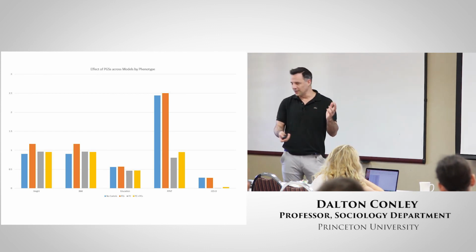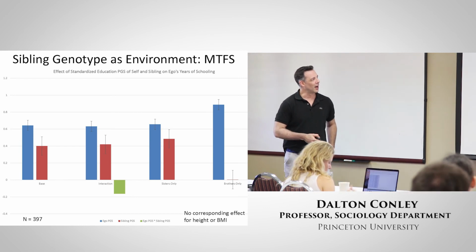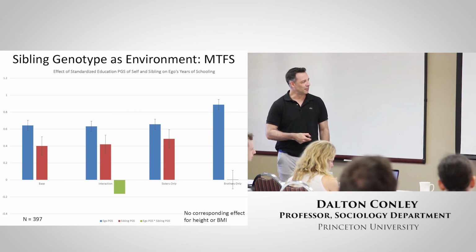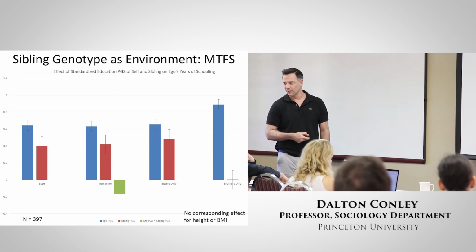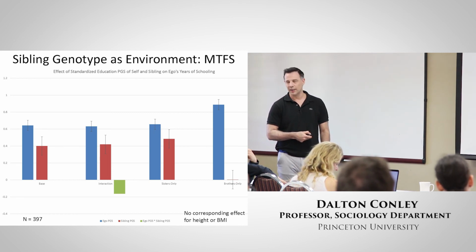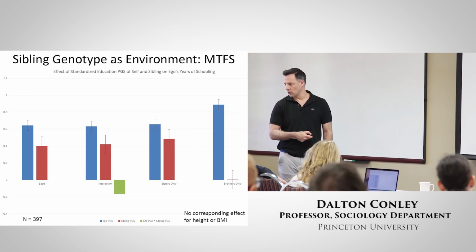So all these things become complicated when you want to think about it, and even more so, I think this is really interesting. If you look at siblings, this is in the Minnesota Twin Family Study among fraternal twins, 1 standard deviation increase in my polygenic score, with controls for PCs, predicts a little more than half a year more schooling.